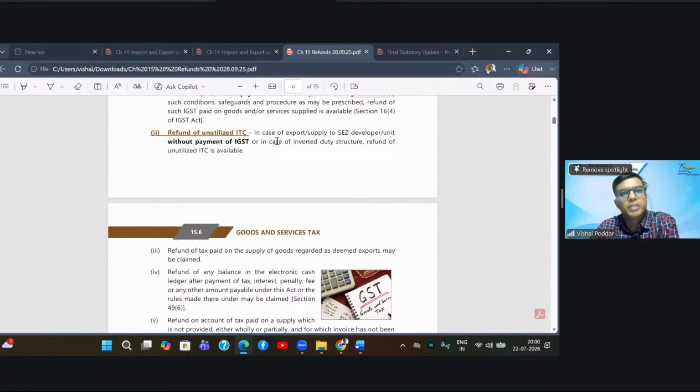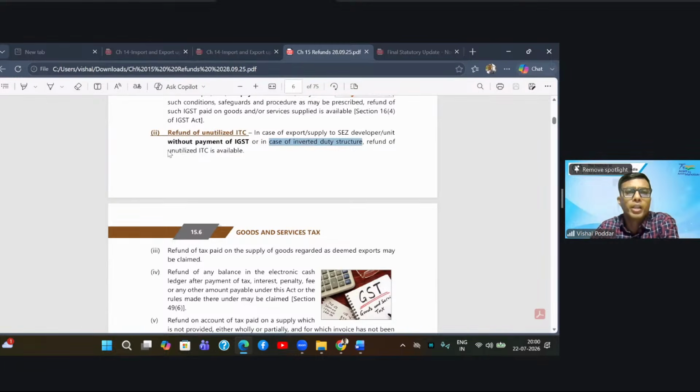Second is in this same scenario, that is where you are exporting or supplying to an SEZ unit or developer, but you are not charging the GST. This is what is done in case of LUT or bond. So wherever you are supplying to them and you are not charging GST, or your case is falling under the inverted duty structure, in both these cases, what is happening?